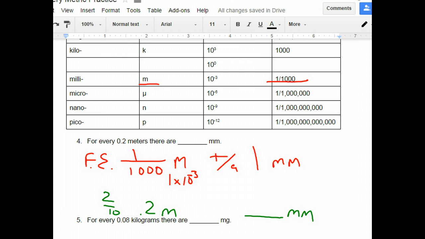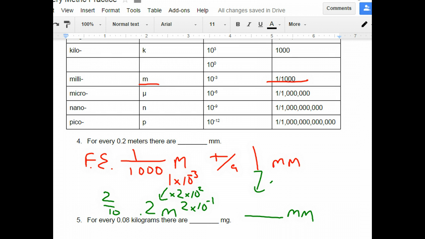So I'm going to, this is 2 times 10 to the negative first. So really, if I multiply by 2 times 10 to the second, then I should end up with 2 times 10 to the negative first, or multiply this by 200.